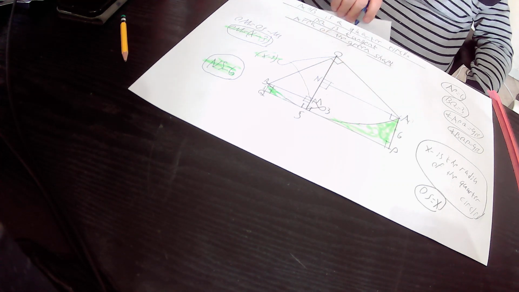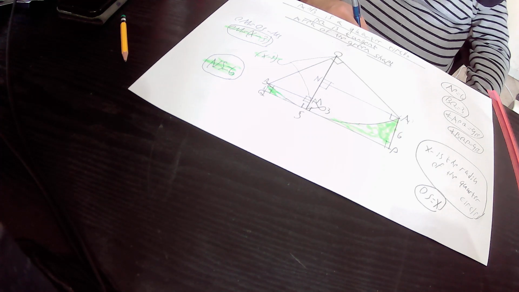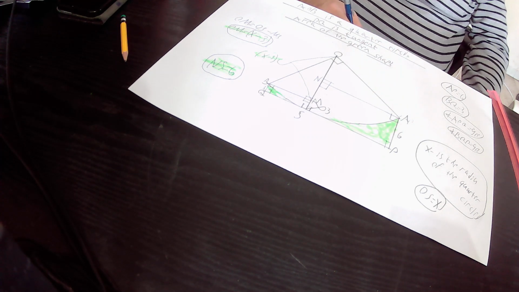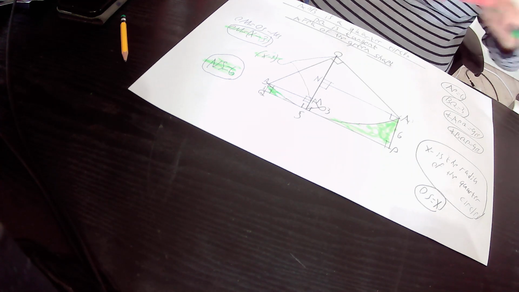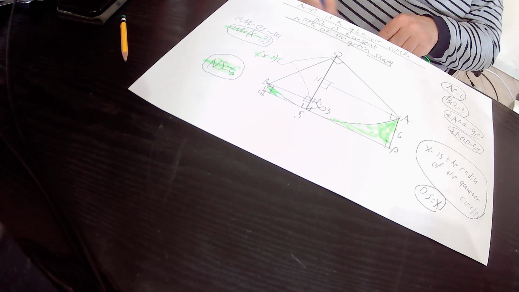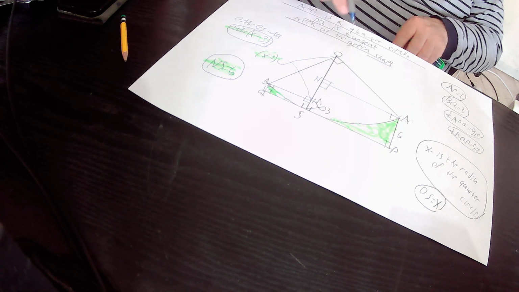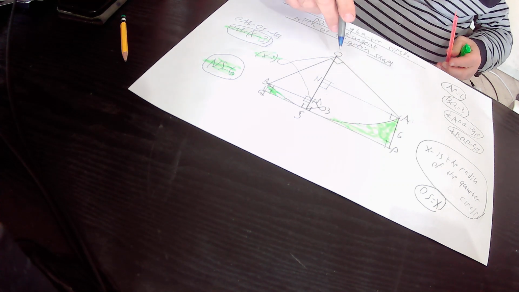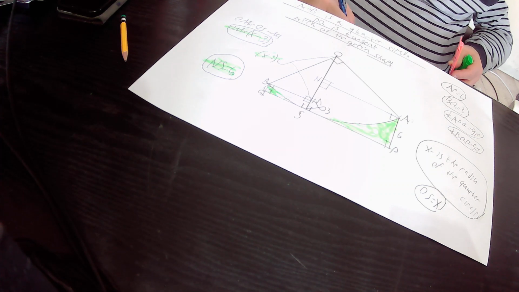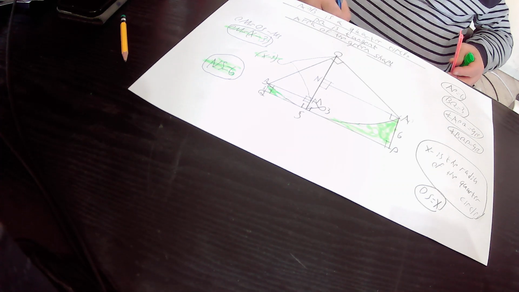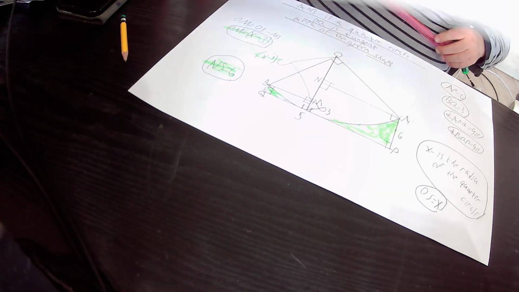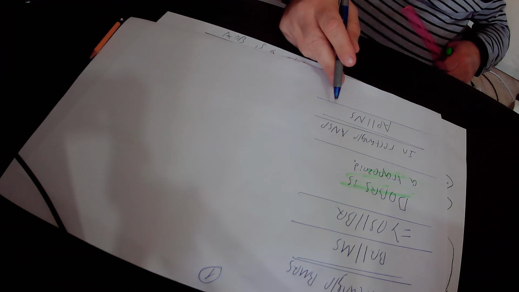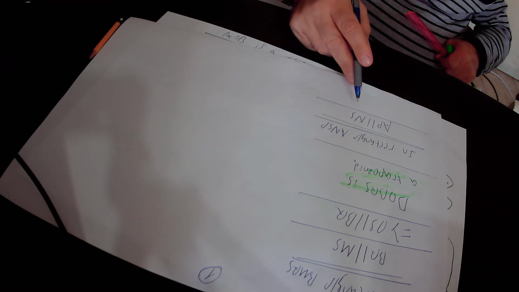Let me repeat again: in rectangle ANSP, side AP must be parallel to side NS.